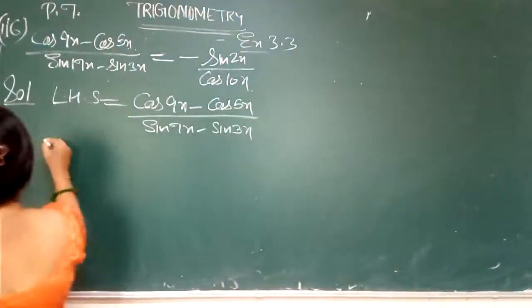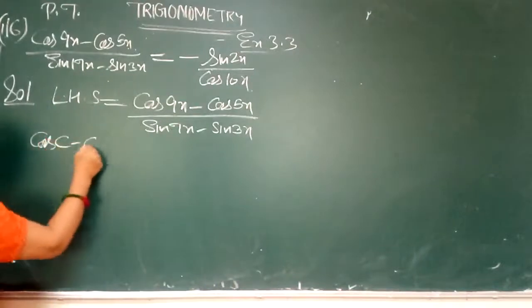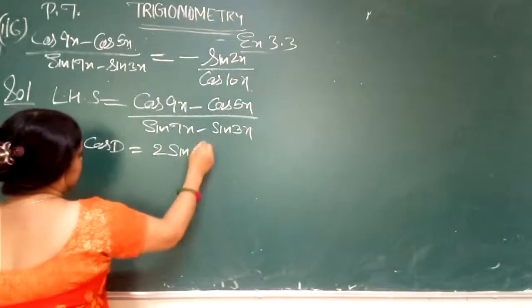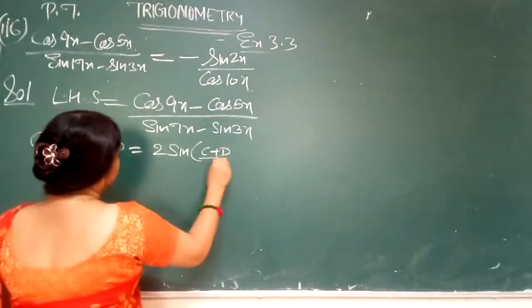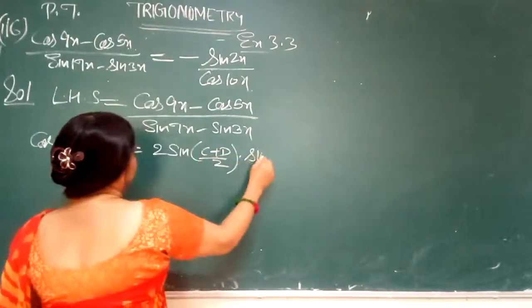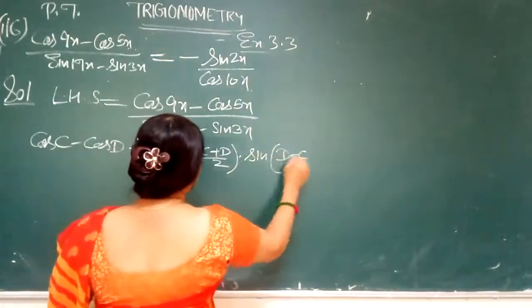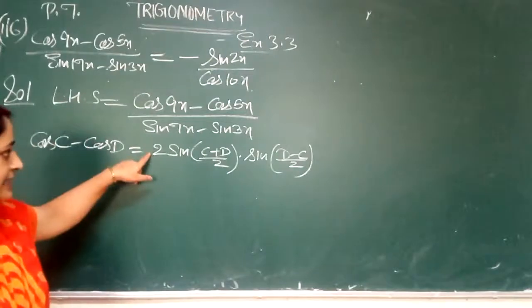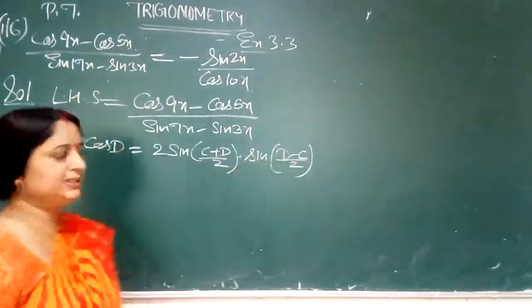So we will use this formula for cos C minus cos D.